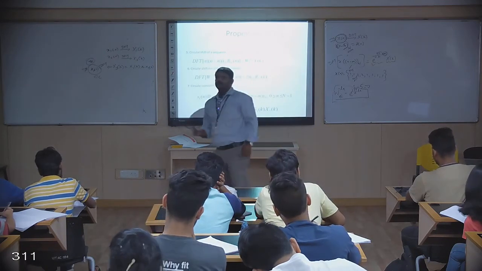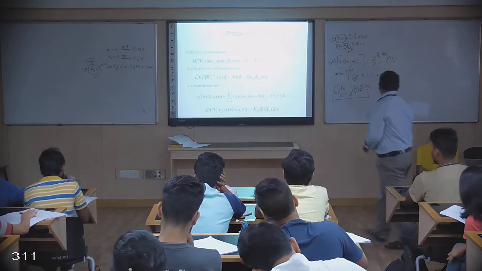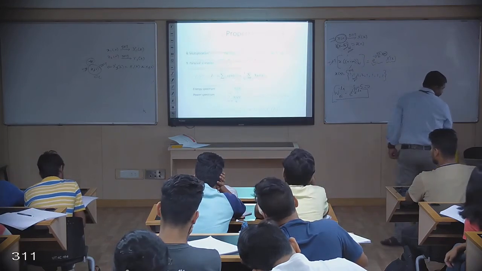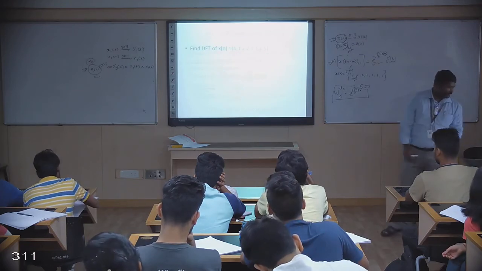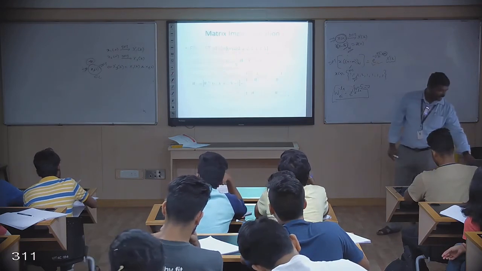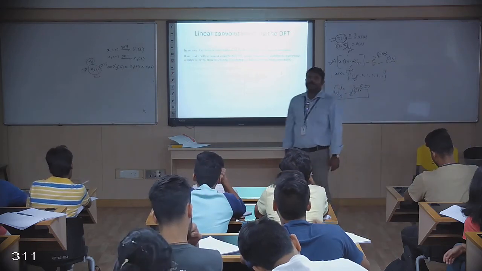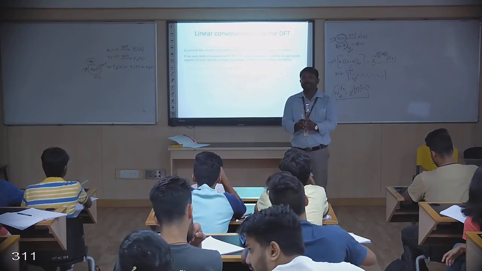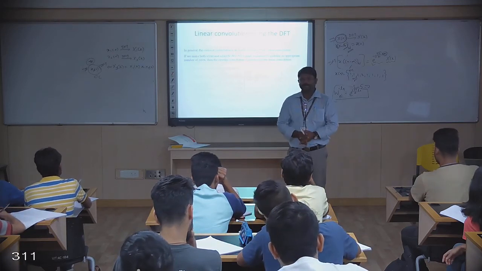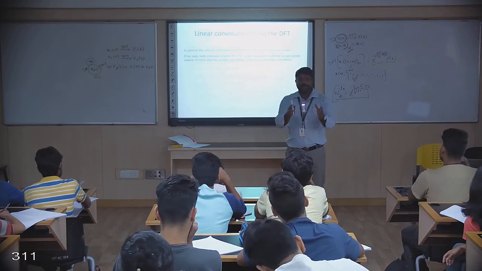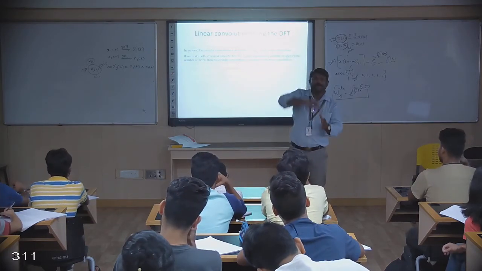Now in case of a linear convolution, can we do linear convolution out of this DFT? Yeah, I'll just skip this. This we already done. For linear convolution, what you have to do? What is the difference between circular convolution and linear convolution? In circular convolution, the number of outputs will be the same as your number of inputs.